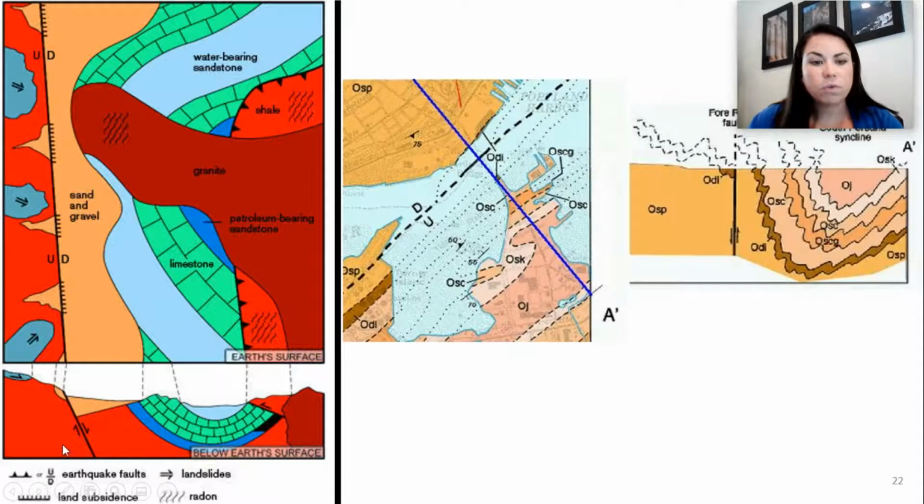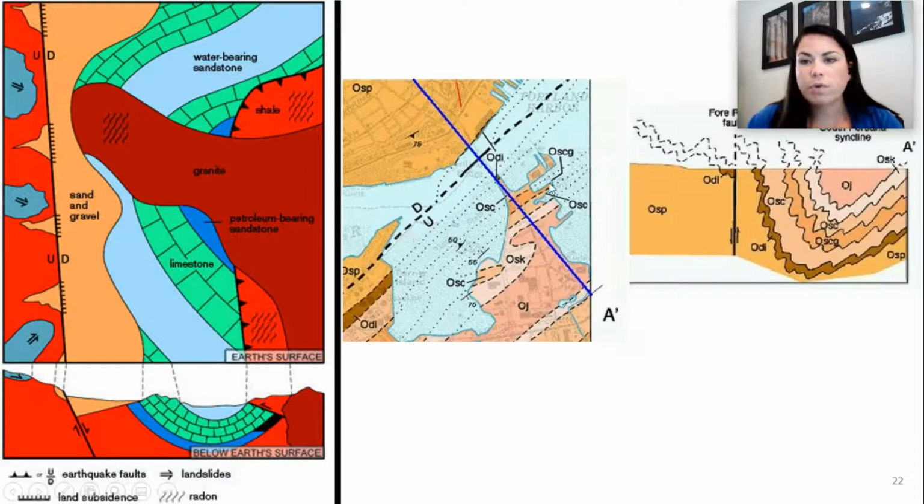And in cross-section view, we can see that these little arrows indicate that this block is moving downward relative to this block right here. If we move a little bit further to the right, if you remember, these little triangle guys represent a thrust fault. So here is where we see that thrust fault located right here, and that arrow indicates the direction of that thrust fault.